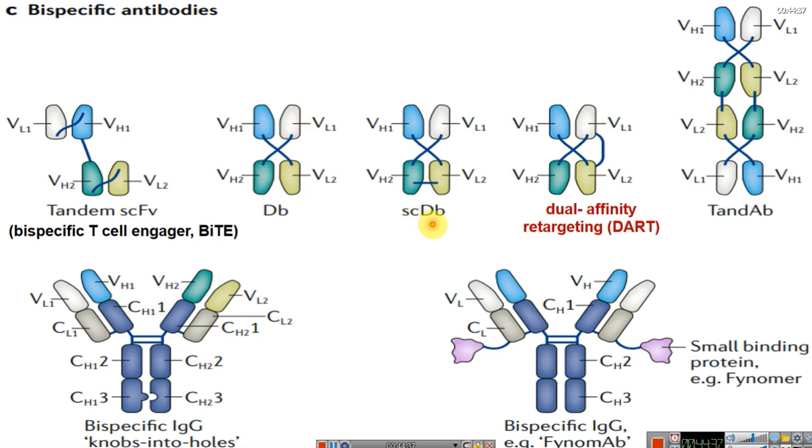Now single chain diabody, if you open this up, because of this bonding, it's a single chain actually. VH1, VL2, VH2, VL1 like that. If you open it up, you see it as VH1, VL2, VH2, and VL1.